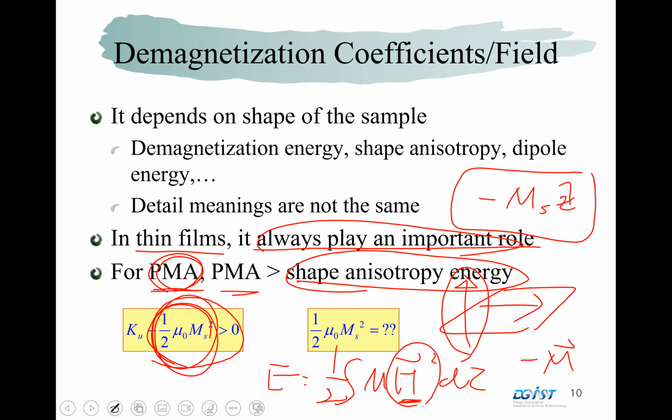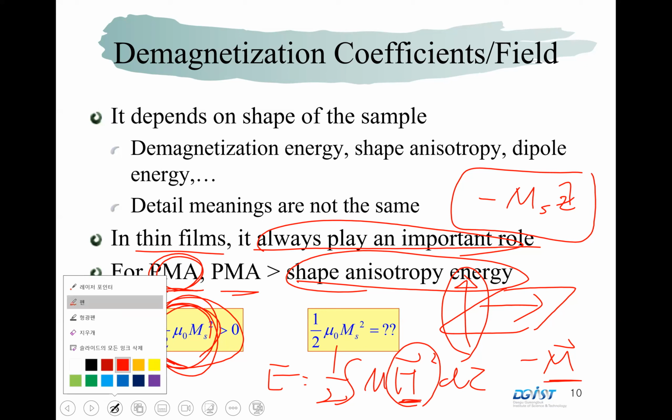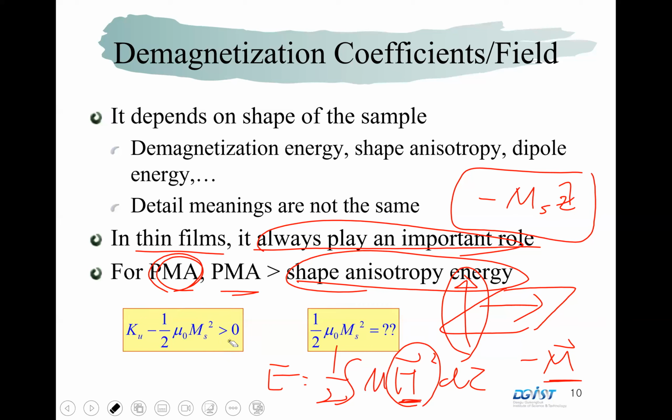So we substitute M, and we get this term. This is the energy density, not the total energy. This is the unit of the energy density, and this Ku is what you call the anisotropy energy. It's also an energy density, and they should satisfy this condition. Otherwise, the magnetic moment in the films will lie in the plane. So this is a very important condition.